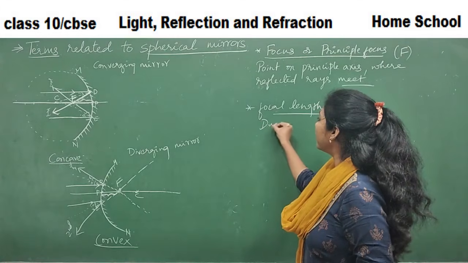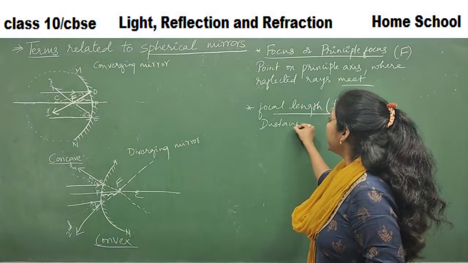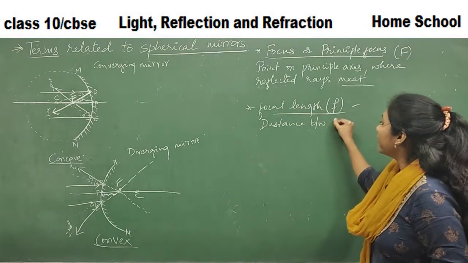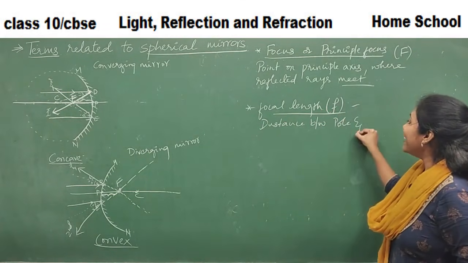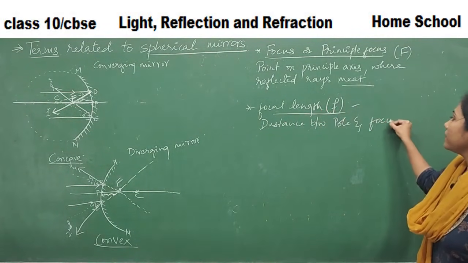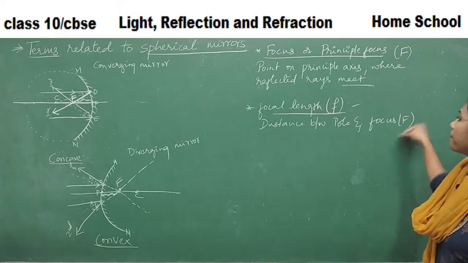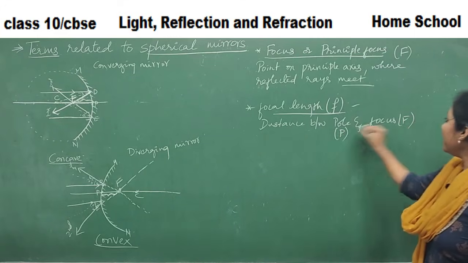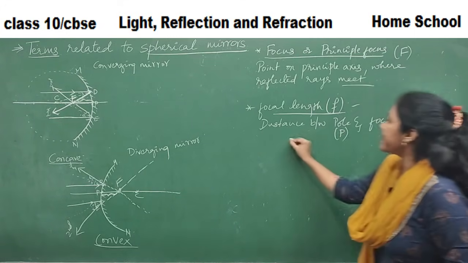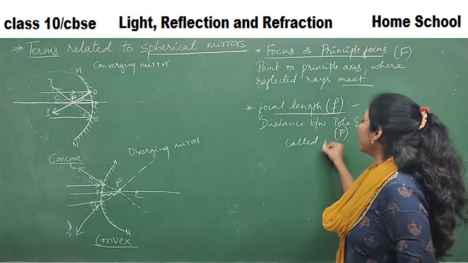Very important word. Write the definition: distance between pole and focus, that is F. Distance between P and F is called focal length.